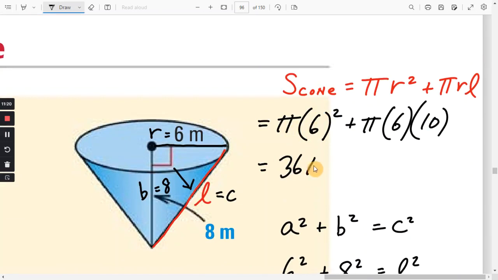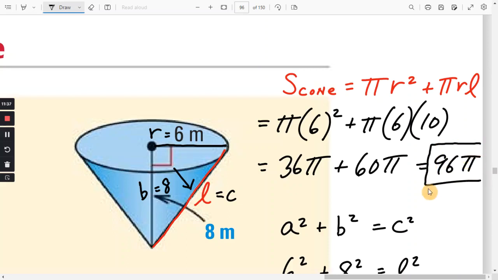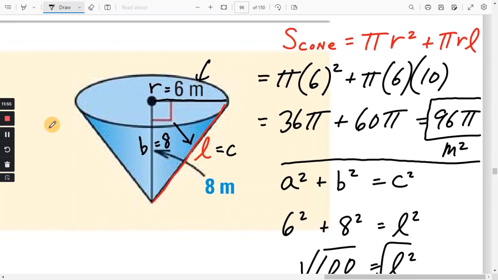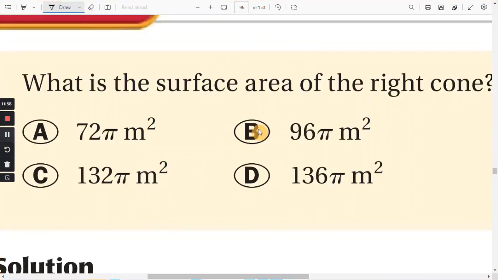And that's times pi. 6 times 10 is 60, and that's times pi. And 36 plus 60 is 96. And that's times pi. All right, the units were in meters, but for an area or even surface area, the units are going to be meters squared. So 96 pi meters squared. And that is answer B.